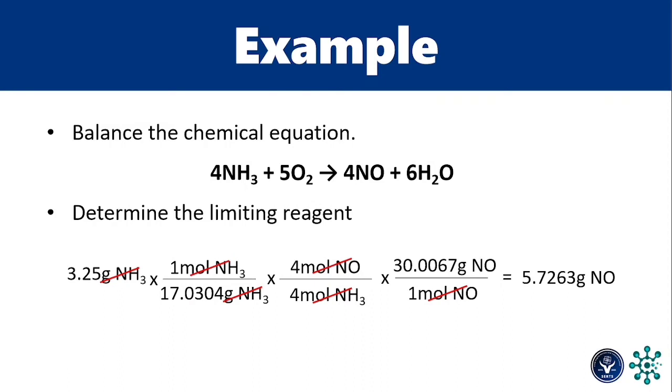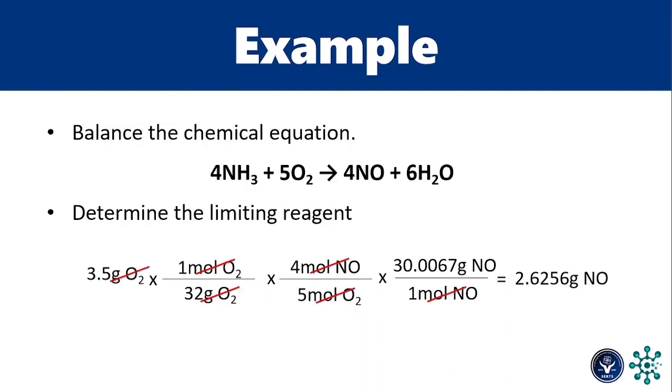Simplifying this, we get 5.7263 grams of NO. We are dealing with 3.5 grams of O2 times the molar mass times the balanced chemical equation ratio. 5 moles of oxygen is needed to produce 4 moles of NO. Times the molar mass, we get 2.6256 grams of NO.